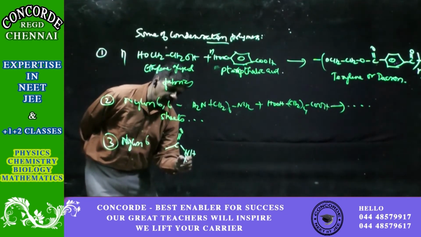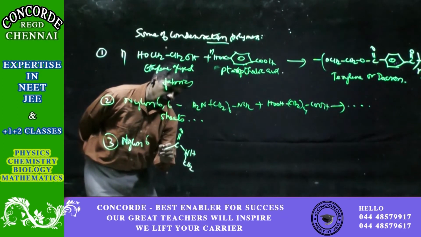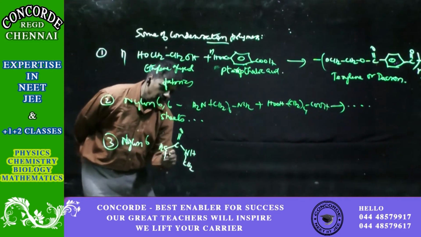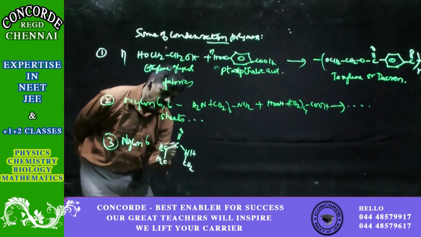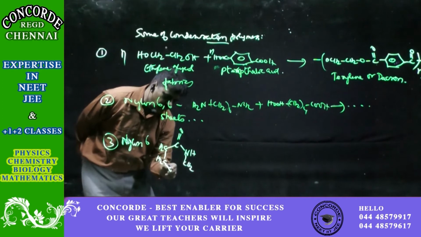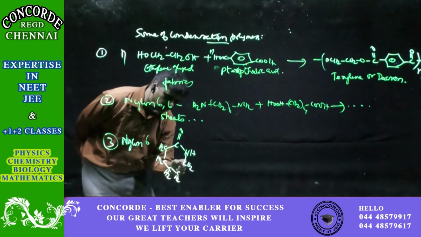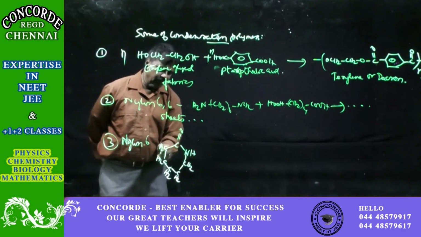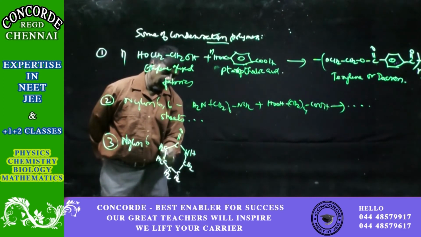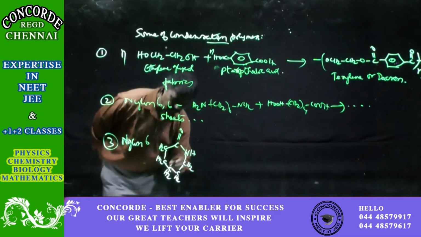The other units are CH2, CH2, CH2, CH2, CH2, five CH2 groups in all, and C double bond O. So this is caprolactam.